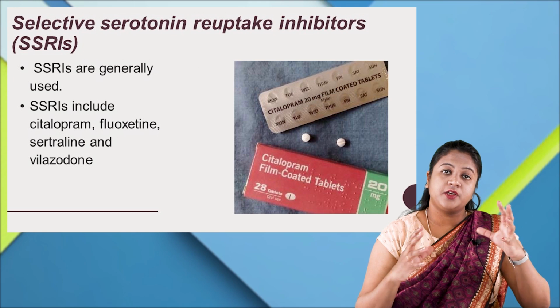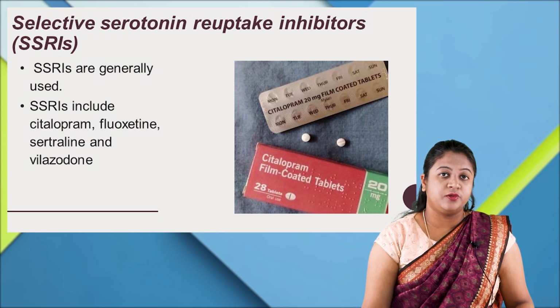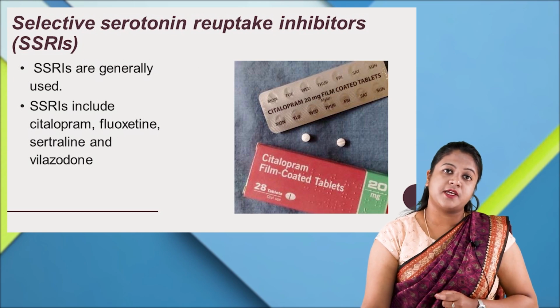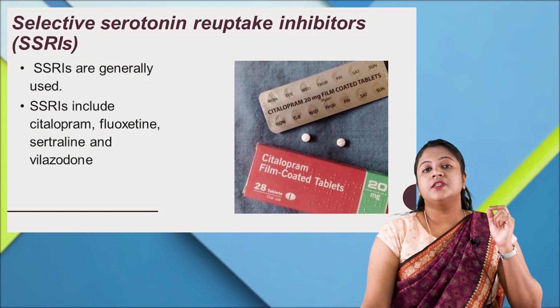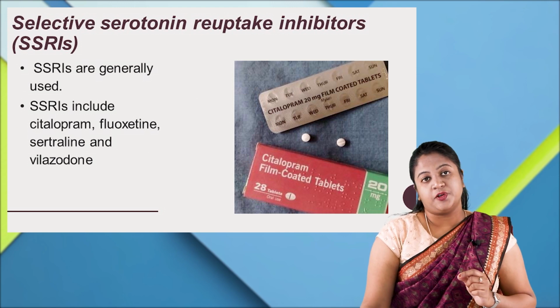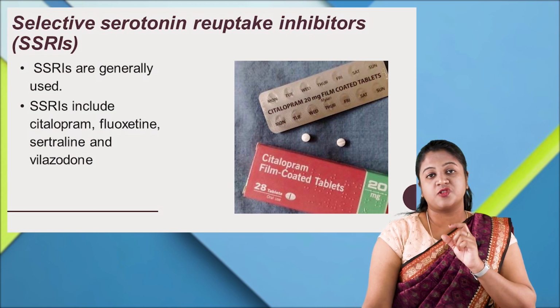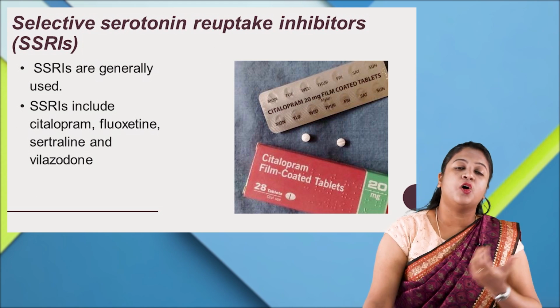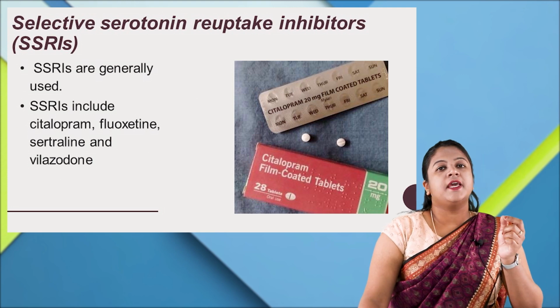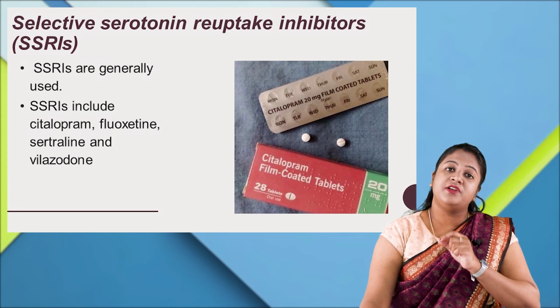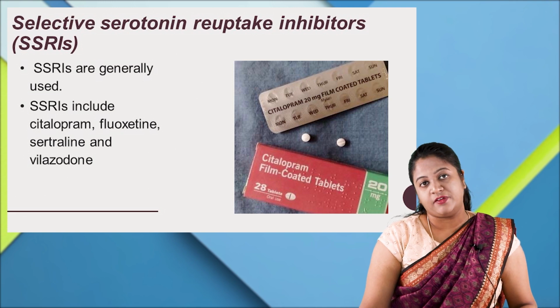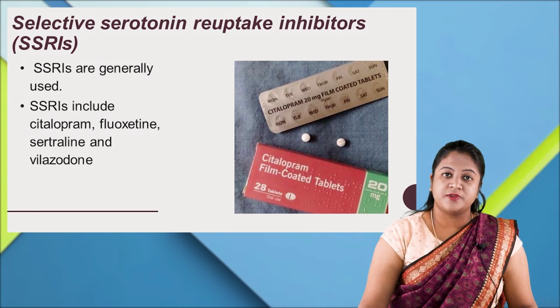So these are the group of SSRIs that you will be using. These drugs mainly act on the neurotransmitter serotonin. Selective serotonin reuptake inhibitors inhibit the reuptake of serotonin, thereby increasing the serotonin level at the neurotransmitter level, which is going to improve the symptoms of the client.